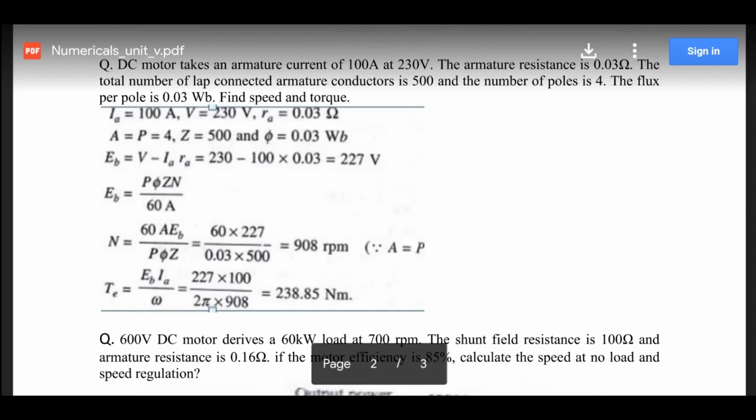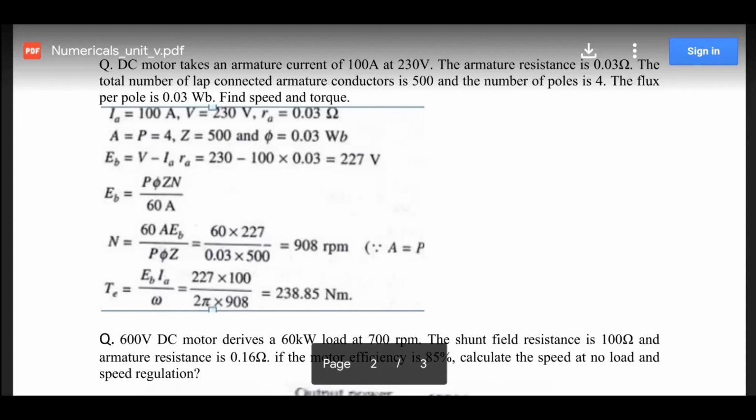Okay, so again, if the armature resistance is not given in any numerical of DC generator or DC motor, it means that its value is so small that the drop across it can be neglected. Okay, but since here it is given as 0.03 ohms, so it is to be considered.